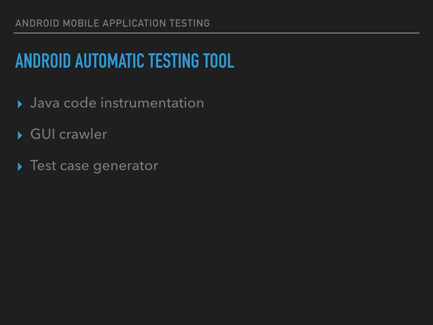The Java code instrumentation component is responsible for instrumenting the Java code automatically, in order to allow Java crashes to be detected at runtime. It allows us to manipulate the code so we can automate these crashes and see where they're at.